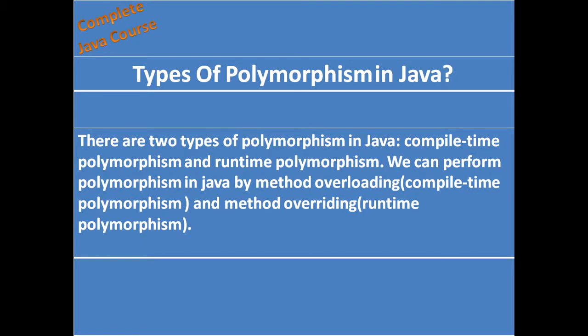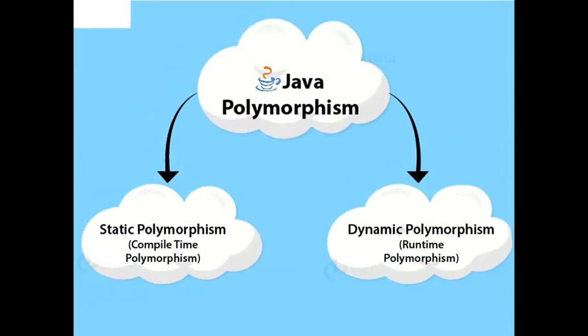We can perform polymorphism in Java by method overloading, which is also called compile time polymorphism, and method overriding, which is called runtime polymorphism. So Java polymorphism is divided into two parts: static polymorphism, or compile time polymorphism, and dynamic polymorphism, or runtime polymorphism.